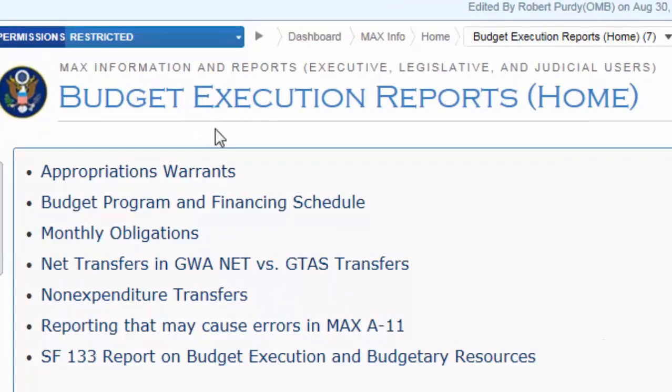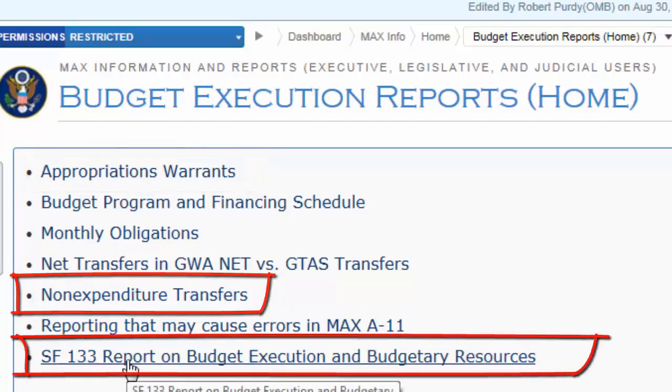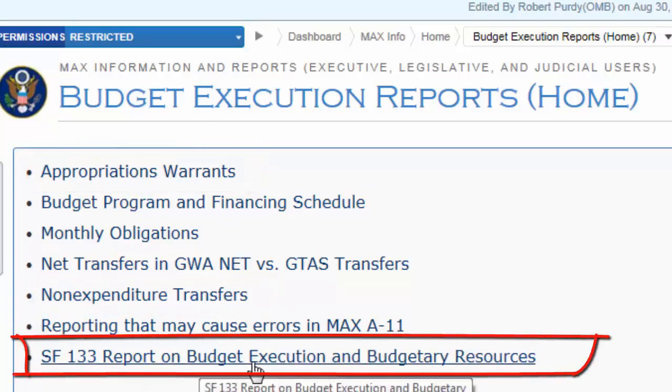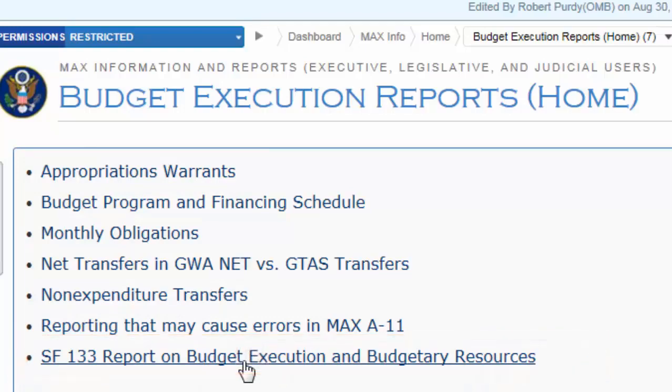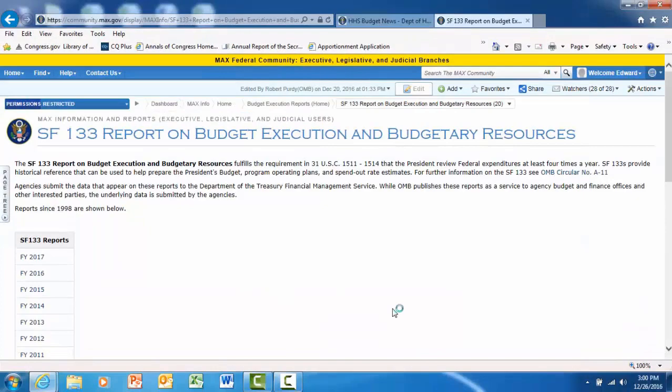Okay, so now we're on the Budget Execution Reports page. There are a lot of really good reports on here. We'll be looking at a couple others in a moment: appropriation warrants and non-expenditure transfers. But for the moment, let's go to the SF133 Report on Budget Execution and Budgetary Resources link and click. This takes us to the SF133 report page.